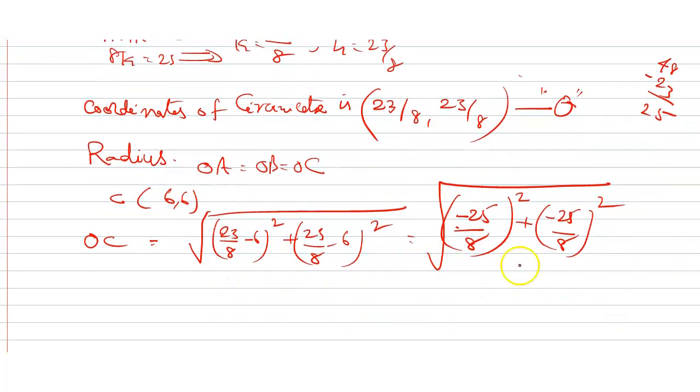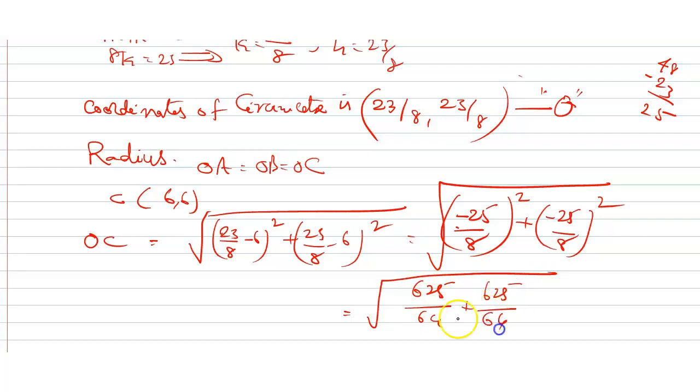If I simplify this, what I will get? Square root of 625 by 64 plus 625 by 64. So LCM is 64. This is 625. This is 1250, right?